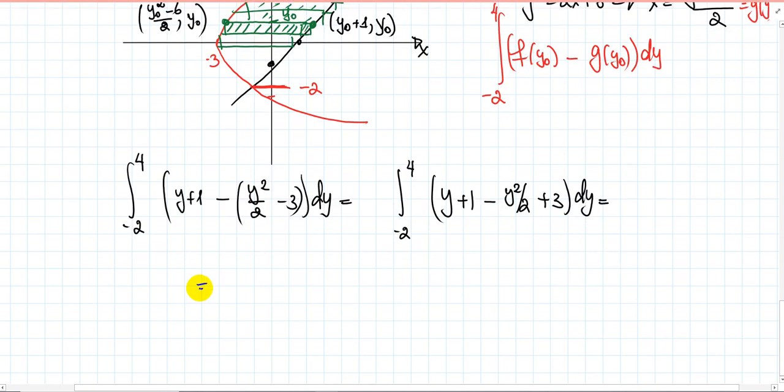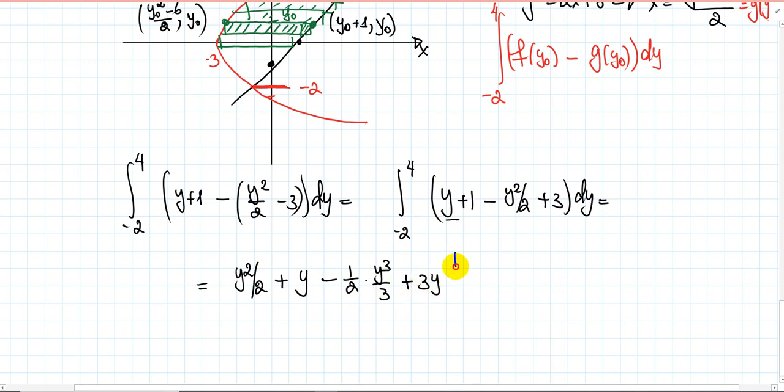So the antiderivative of y is y squared over 2, right? Antiderivative of 1 is y. Antiderivative of y squared over 2 is 1 over 2 multiplied by y cubed over 3, right? And the antiderivative of 3 is 3y.